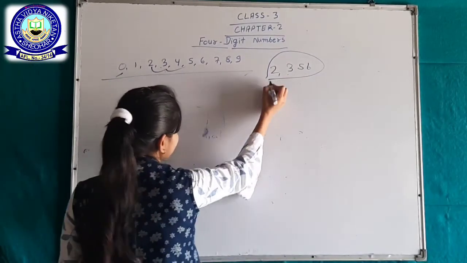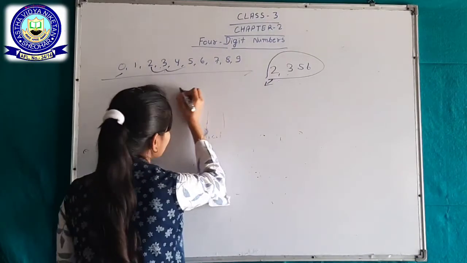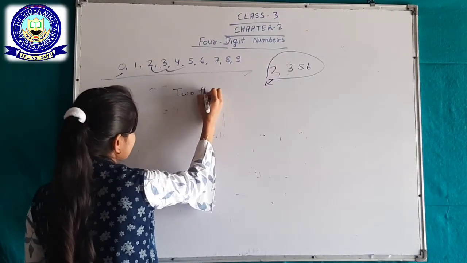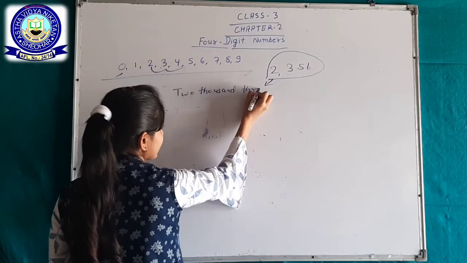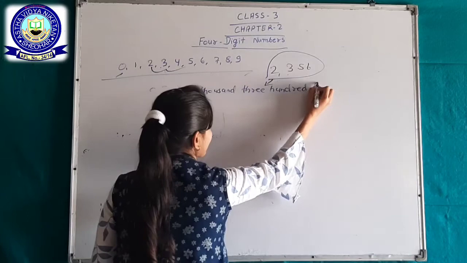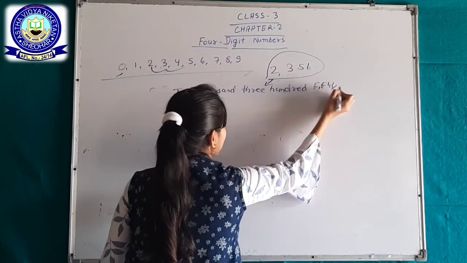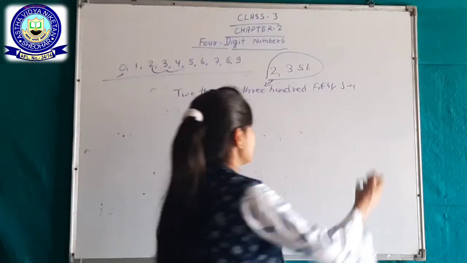When we write it in words, that's our number name: two thousand three hundred fifty-six is our number name, and 2356 is our numerals.